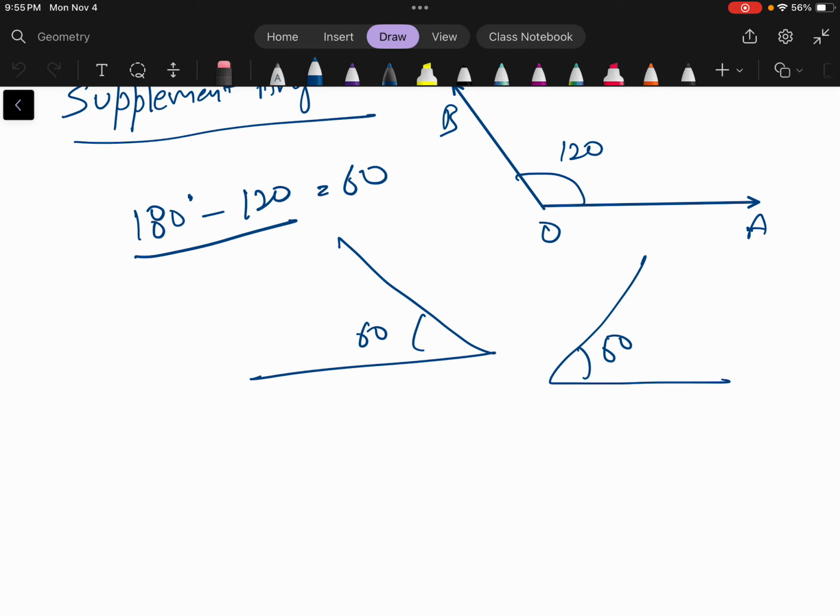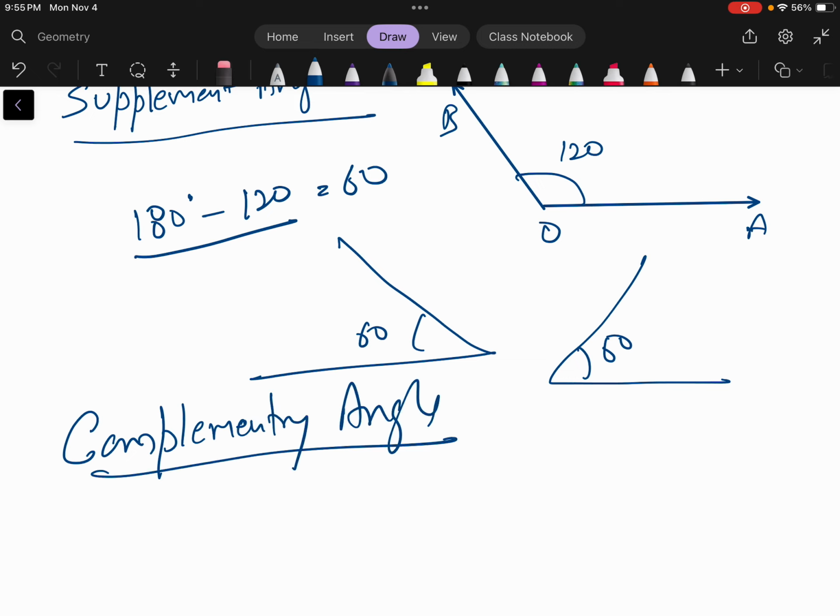So we are using two words, one is supplement and another is complement. Complementary angle means if the sum of angle 1 and angle 2 is 90 degrees, it is known as the complementary angle.